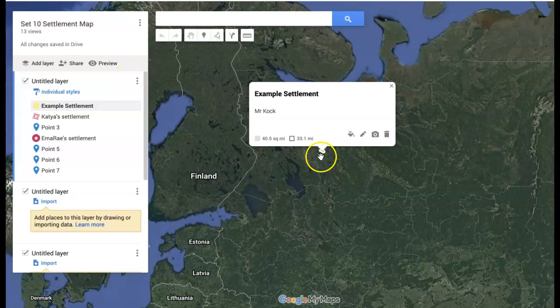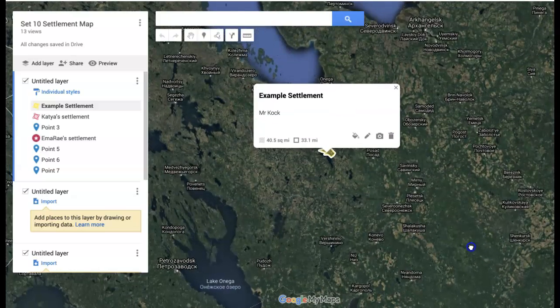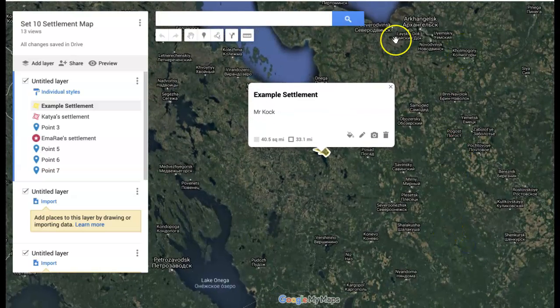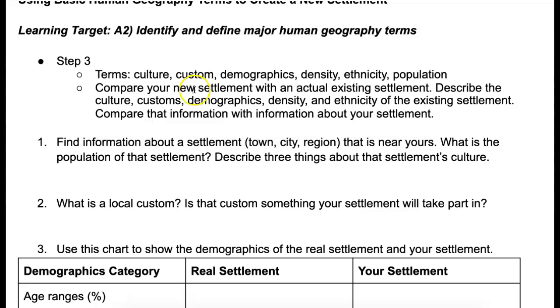So here I am. I'm in Western Russia, not too far from Finland. I'll zoom up just a little bit more so that we can see what's around here. Because it says find information about a settlement that is near yours, and you need to know the population of it and describe 3 things about its culture.